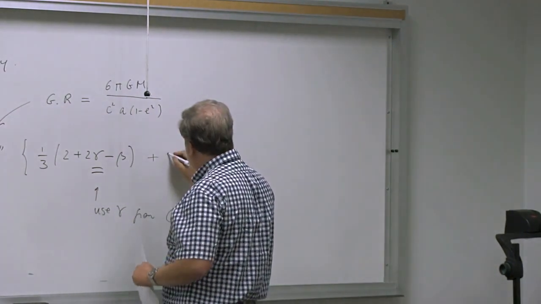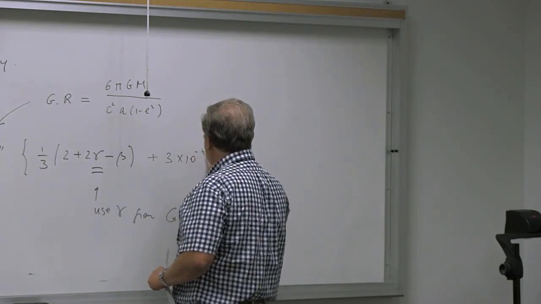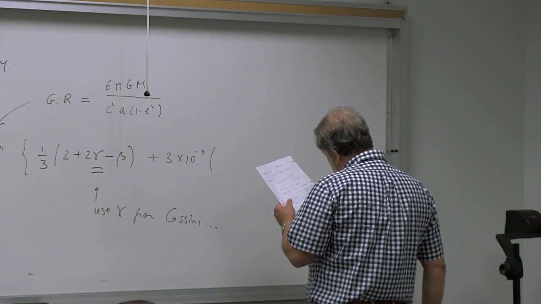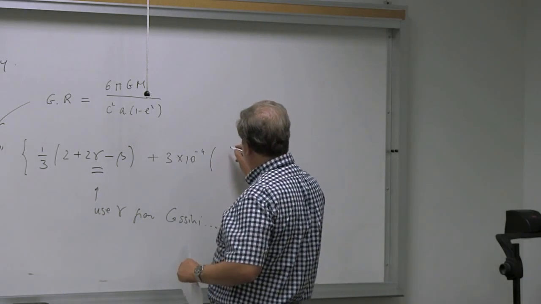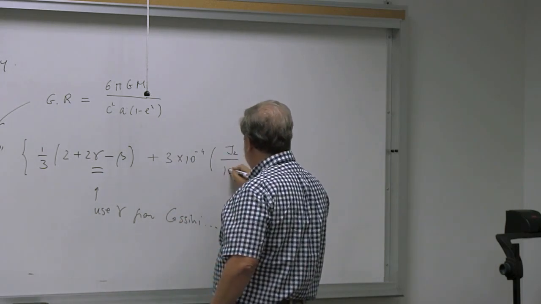It's 3 times 10 to the minus 4 times the quadrupole moment, which contributes a factor J2 divided by 10 to the minus 7.